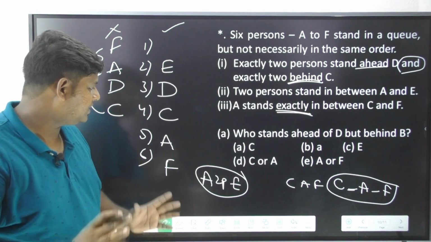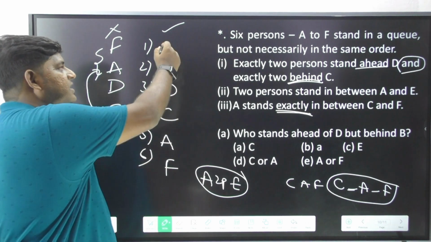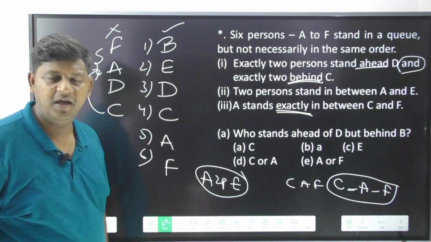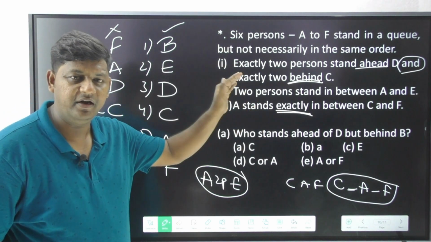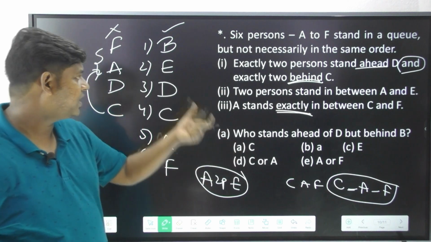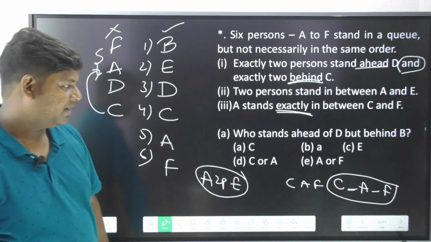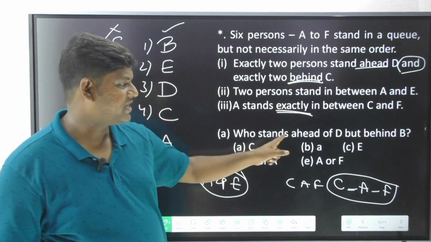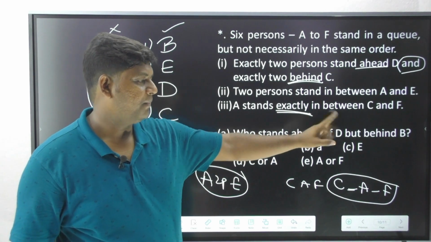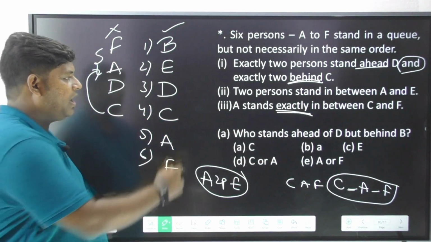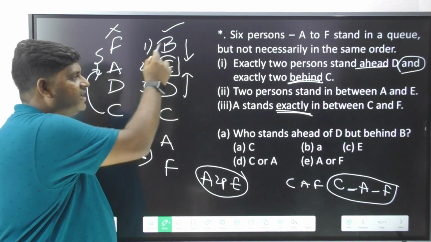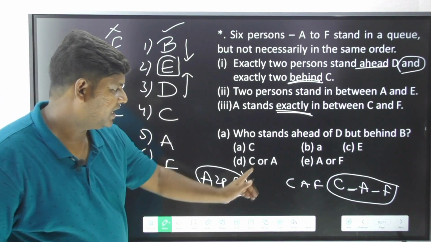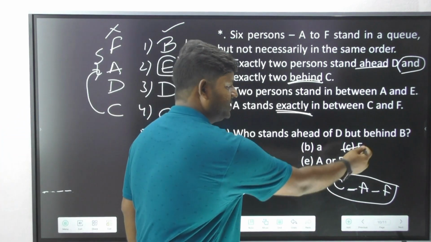And now the only person left over in this entire information is B. Even though you do not have any information regarding B in the entire conditions, you can allow B at position number 1. Now the question says, who stands ahead of D but behind B? Now ahead of D but behind B, who is actually staying? That person is E, that is your option C.